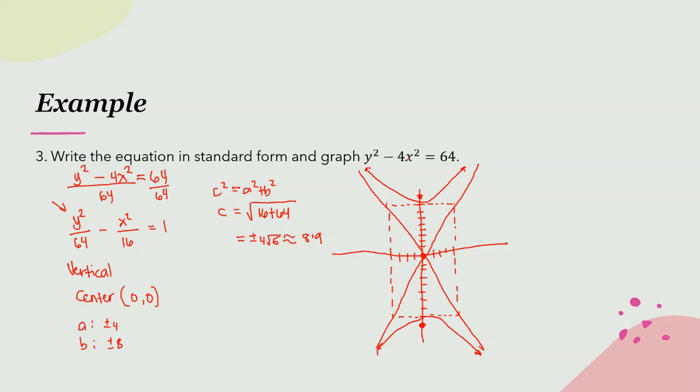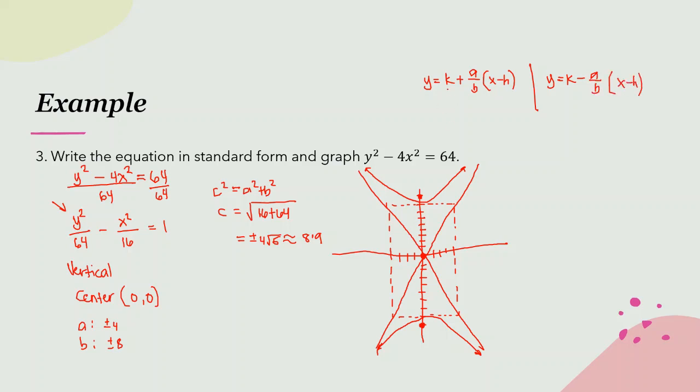Next one is to find the asymptote. y is equivalent to k plus a over b times x minus h. The other one is y is equivalent to k minus a over b times x minus h.